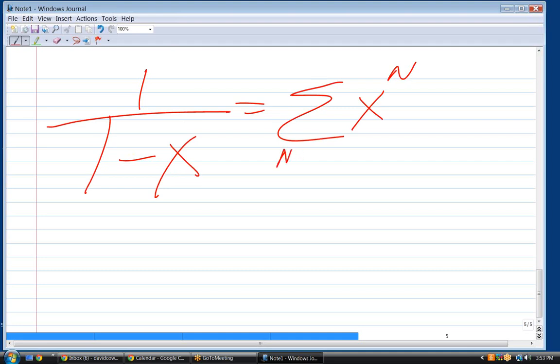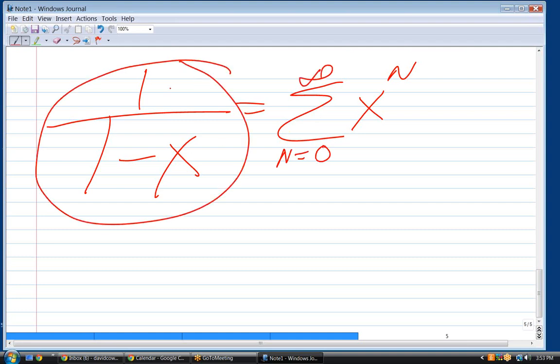In other words, if you want to know what 1 over 1 minus x is, you can approximate that by this series. And what do I mean by that? Well, let's let x equal 1/4.